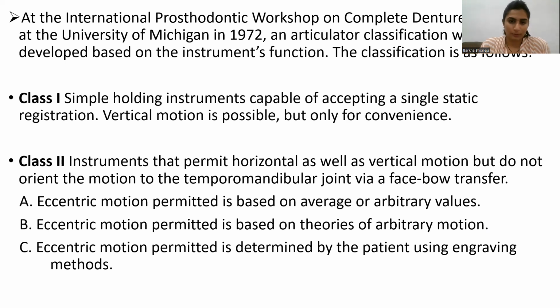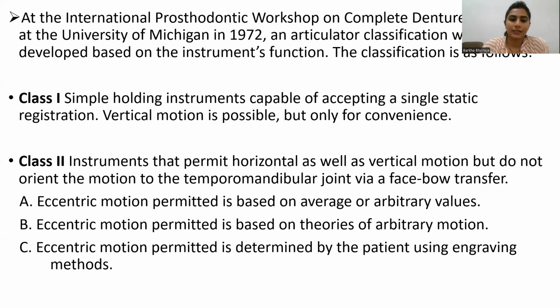These articulators are set to average or arbitrary values. A large number of population condylar values and incisal values were calculated and programmed into the articulator, so they are called average or arbitrary value articulators.